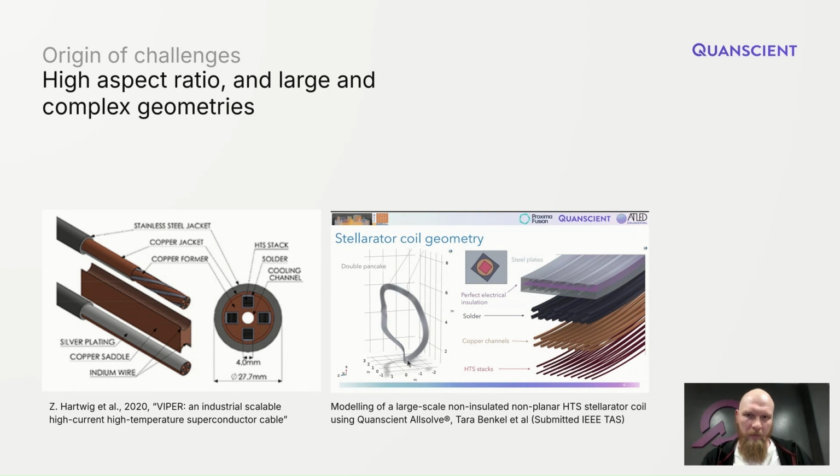We are talking about a magnet several meters in diameter, and the cable, the superconducting stack itself, is around 12 millimeters. Even if it is homogenized, the problem becomes really big easily due to the complex material layers around the cable.